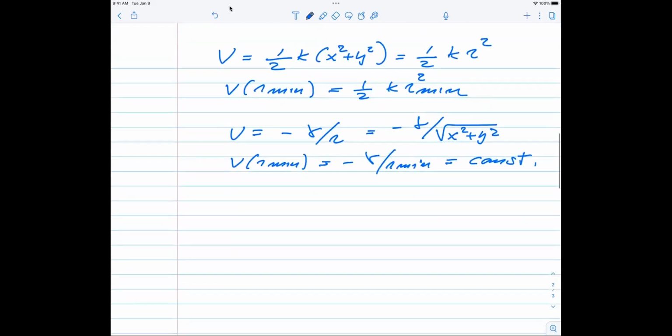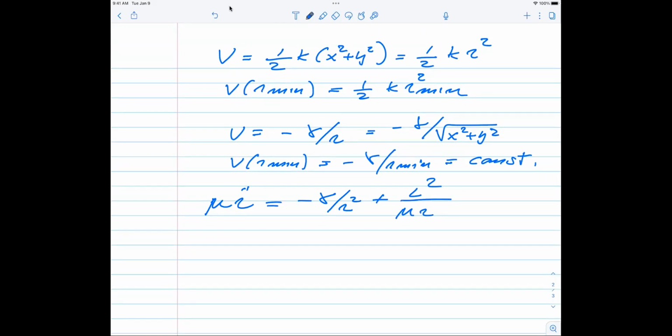So the task now is to go back to this equation which we have, the equation of motion, where we have the force, which is going to be gamma divided by r squared, plus this angular momentum term, which goes like L squared divided by mu r cubed.